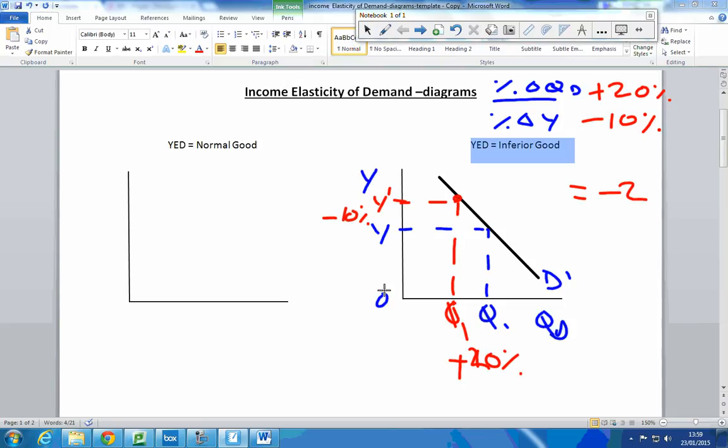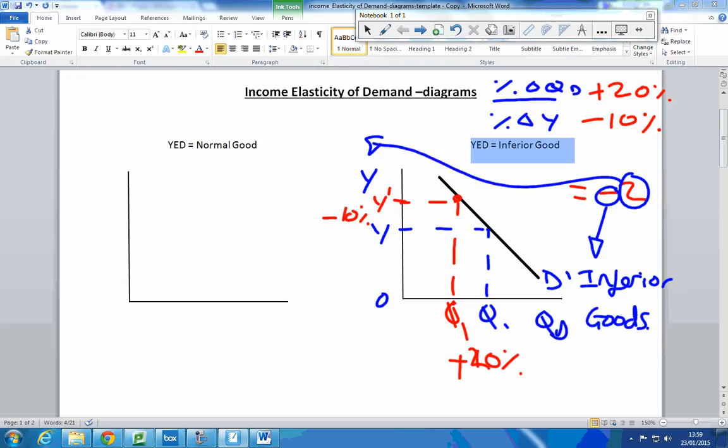So the minus sign immediately tells you for income elasticity that these goods are inferior goods. And the number 2, again, tells you that it's elastic.